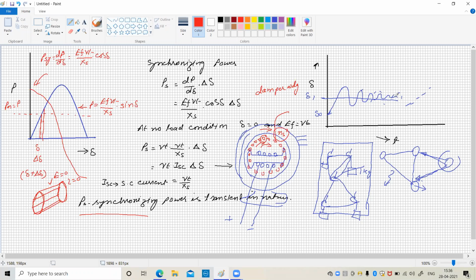So the synchronizing power is very important. Whenever there is a fault in the system, it tries to bring the machine again into synchronism, or settle to a new equilibrium angle delta. So this is the significance of the synchronizing power coefficient and synchronizing power in alternators.